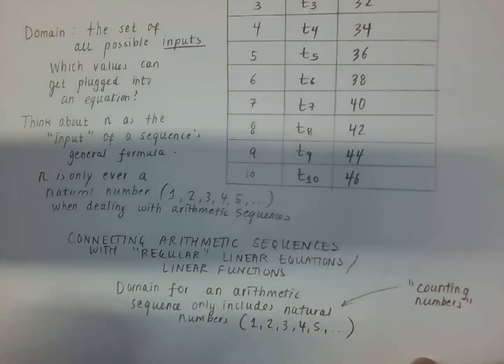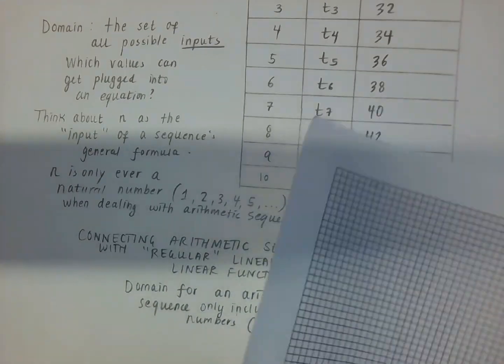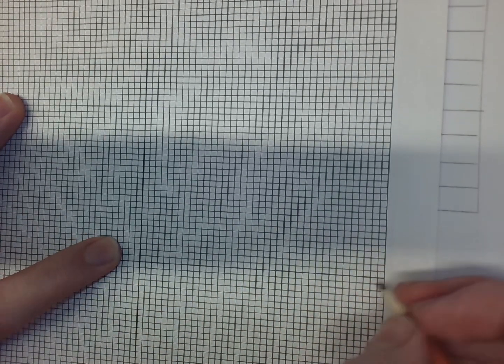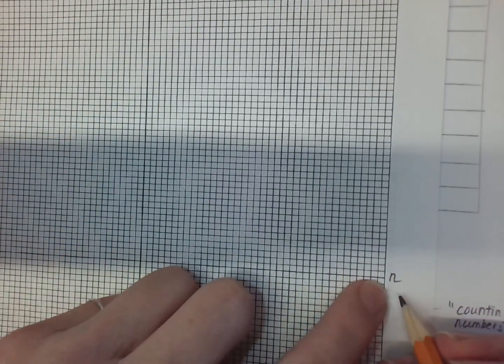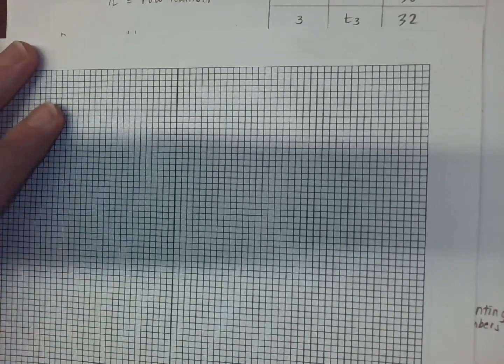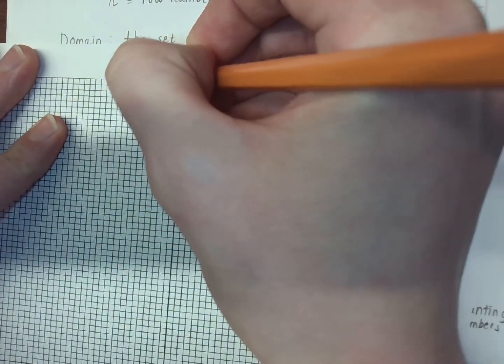So if this is the case, let's try to graph. On my horizontal axis for my inputs, that's going to be my n. And on my vertical axis, that's going to be my Tn.